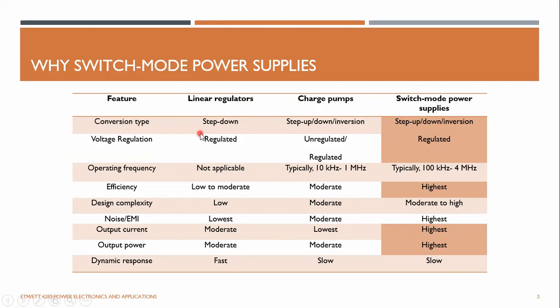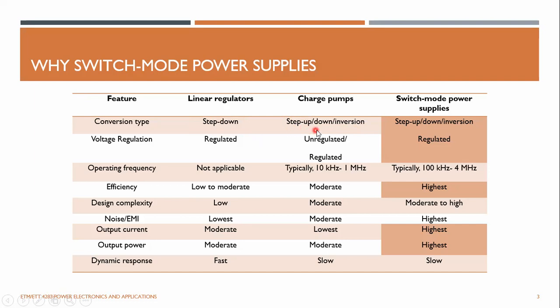For the voltage conversion type, a linear regulator is always a step down. You can't step up or invert the voltage. So linear regulators are limited to step-down voltage regulation. For example, you can convert a 12-volt battery supply to 5 volts for your Arduino. Charge pump converters have all three conversion types.